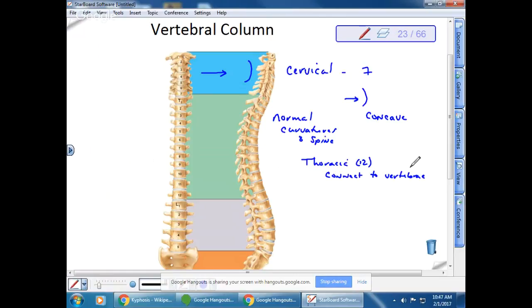So the cervical and lumbar vertebrae and the sacrum do not connect to the ribs. The ribs only connect with the thoracic. So this is convex. It looks like this. Looking at it, it kind of sticks out.